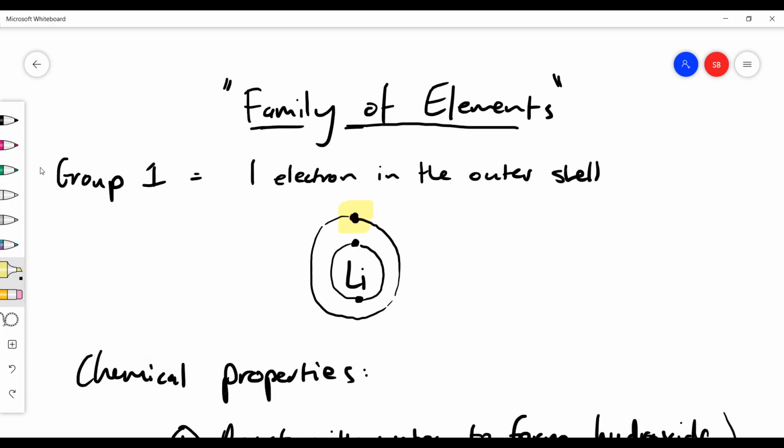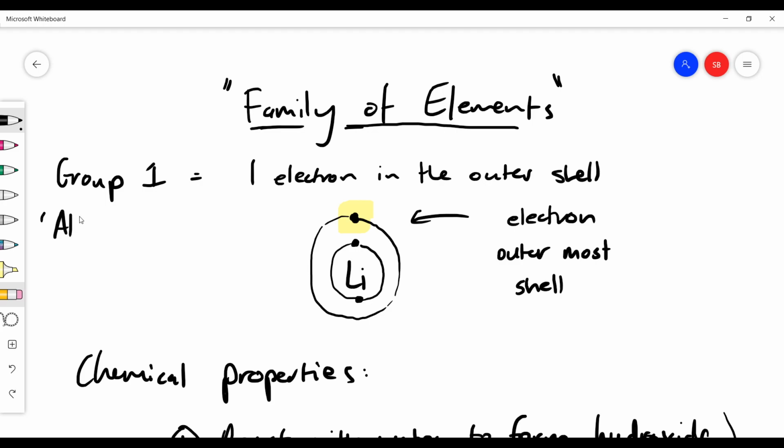So this thing over here, what is that thing called? It's called the electron that is in the outermost shell. It's otherwise known as the valence electron, and all the group 1 alkali metals only have 1 electron in the outermost shell. And this is why they are called not only the family of elements, but why they share similar chemical properties.